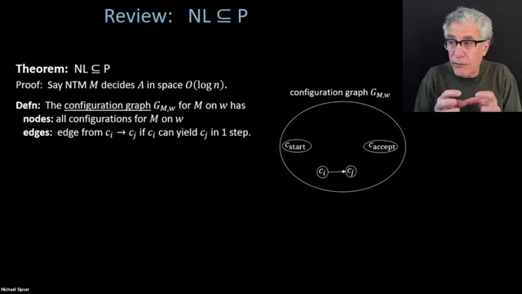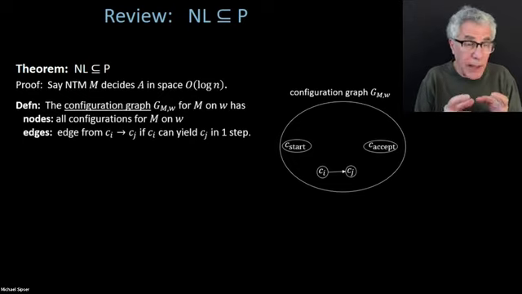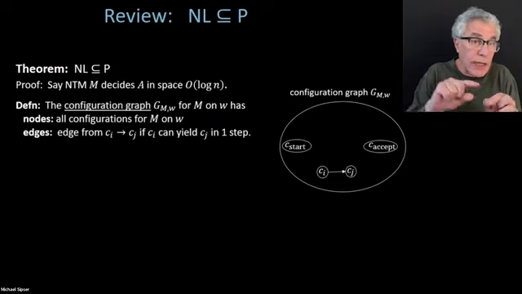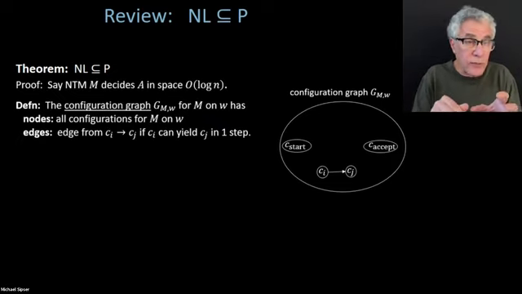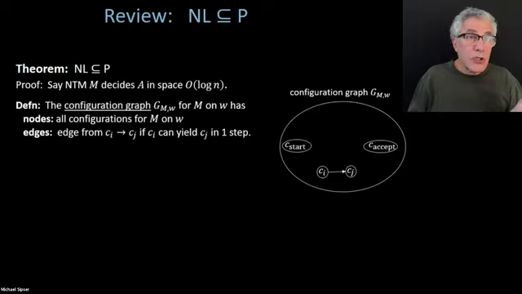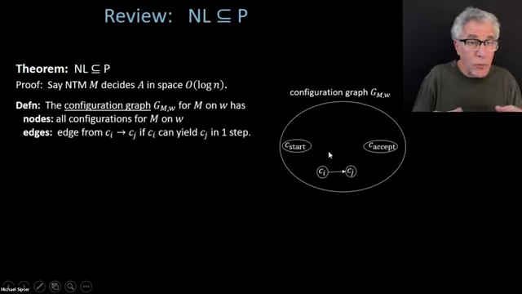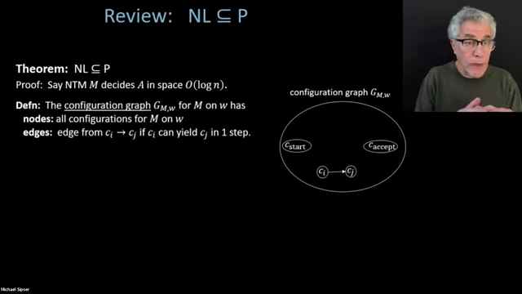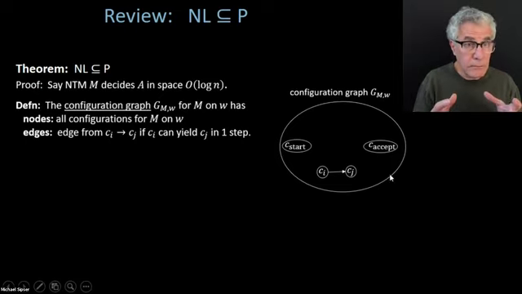You can tell by just looking at the configurations whether that could be possible. Obviously, the head has to be one place over in Cj from where it was in Ci, and the tape has to be updated according to the rules of the machine. So you could fill out this graph. You could write down all the possible configurations and put the edges down. Now, the point is that when we have a log space machine, we don't have too many possible configurations. There's only a polynomial number. So the size of this whole graph is polynomial.